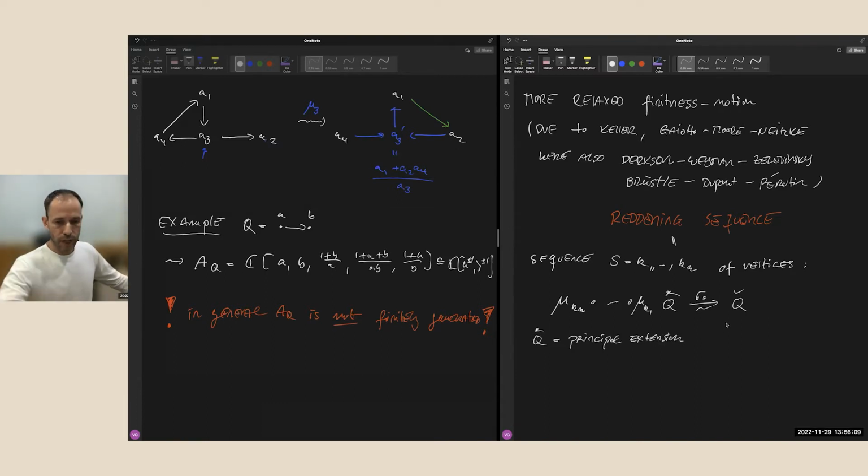We add one vertex for each vertex of Q and an arrow pointing from the copied vertex to the copy of the vertex.